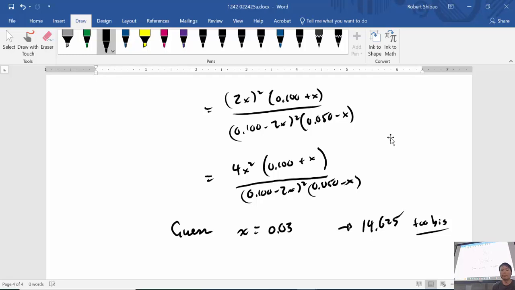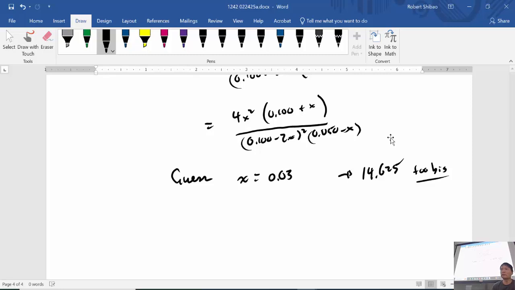Too big. And so what I'm going to do is guess an x value that's smaller. Our target is 1.48. And so what's my next x guess? 0.003? Like 10 times smaller?